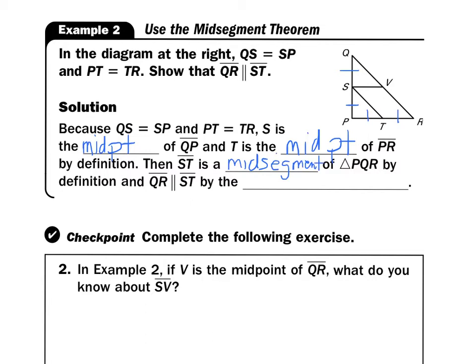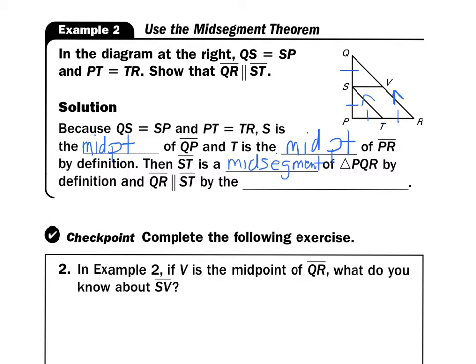of triangle PQR by definition, and since QR is parallel to ST, let's go ahead and mark that. The little triangle symbols are not triangles, more like arrows, aren't they? QR is parallel to ST. There you go.